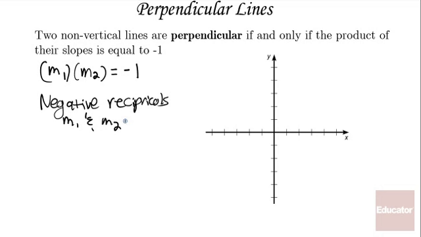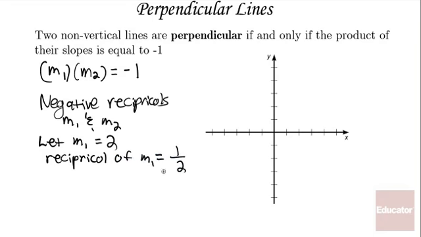Looking at this using numbers is the easiest way. Let's let M1 equal 2. Well, the reciprocal of M1 is 1/2. The negative reciprocal of M1 is negative 1/2.